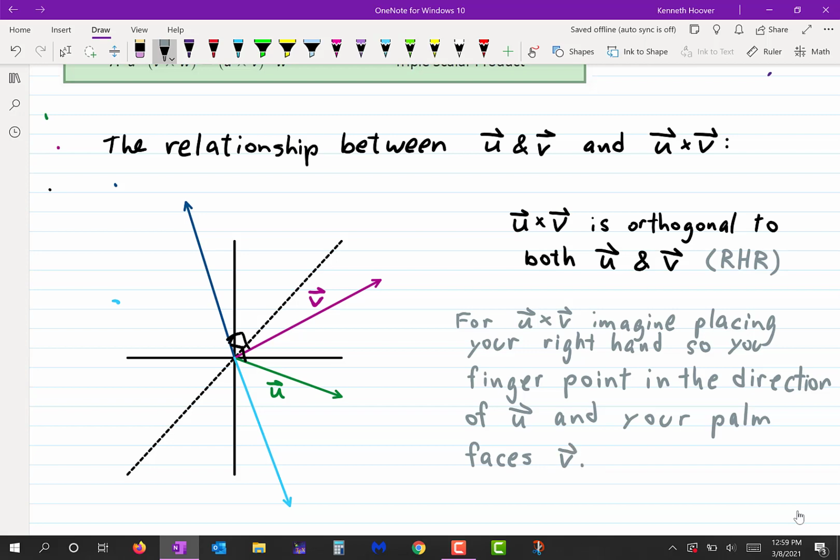Okay, so can you imagine that? Please imagine it right now. Please imagine placing your fingers right along vector u.